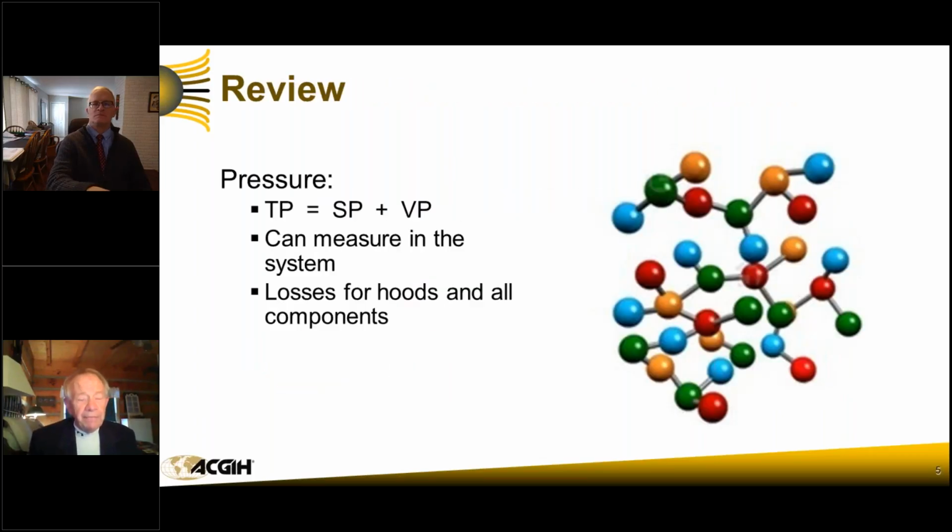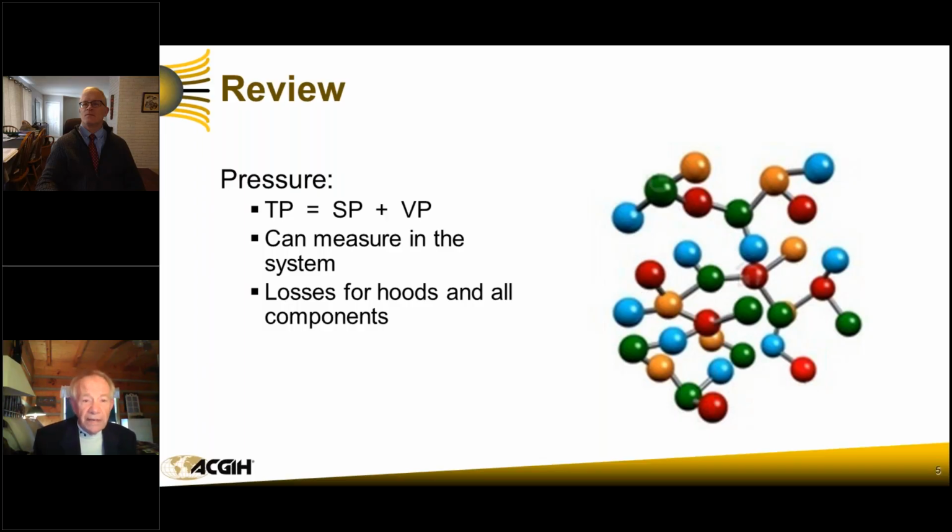Let's review a little bit. We talked about pressures. Pressures are of utmost importance because pressure is how we are able to troubleshoot the system. It is the best friend of the industrial hygienist or the industrial ventilation troubleshooter. We talked about the total pressure, which is the algebraic sum of the static pressure and the velocity pressure, in the first section.